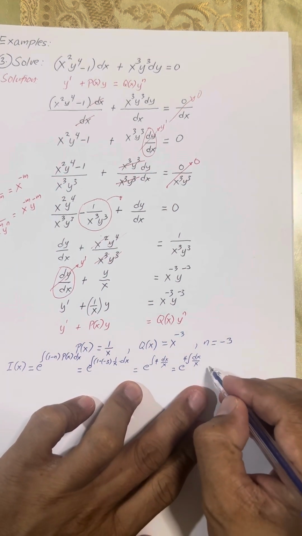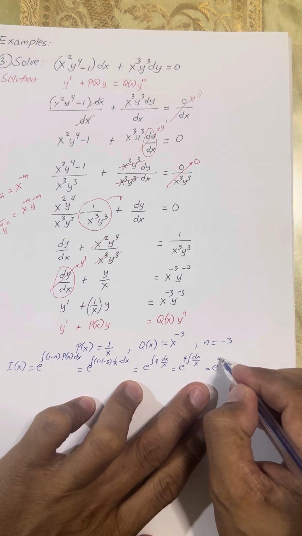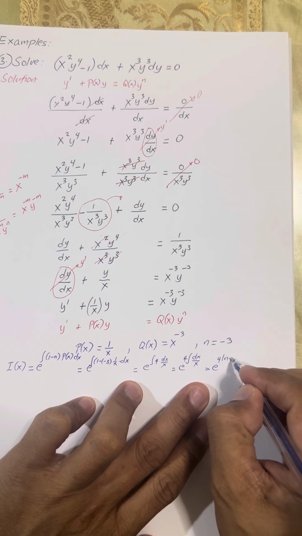Okay, and then we can rewrite this as e to the 4 times ln x.